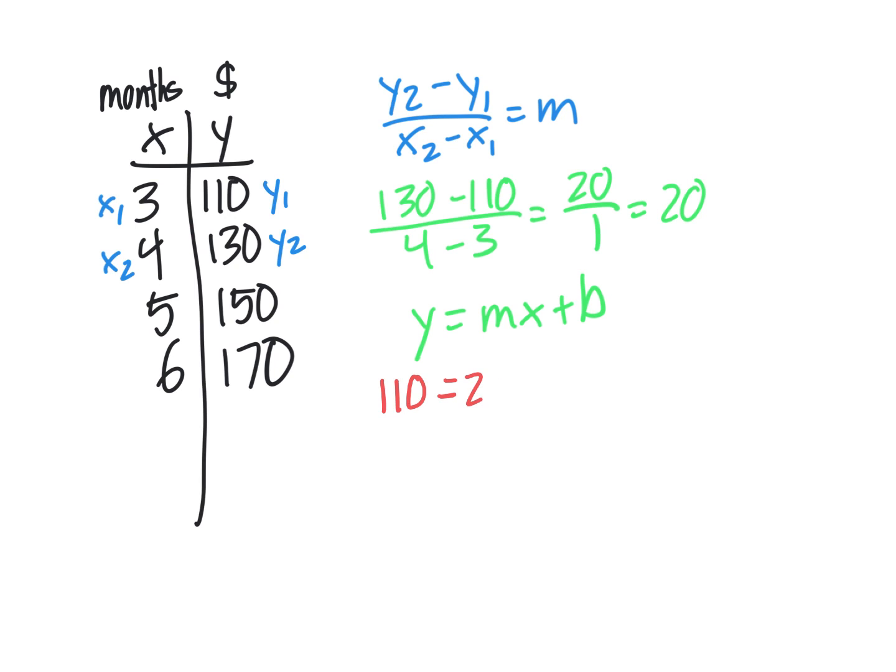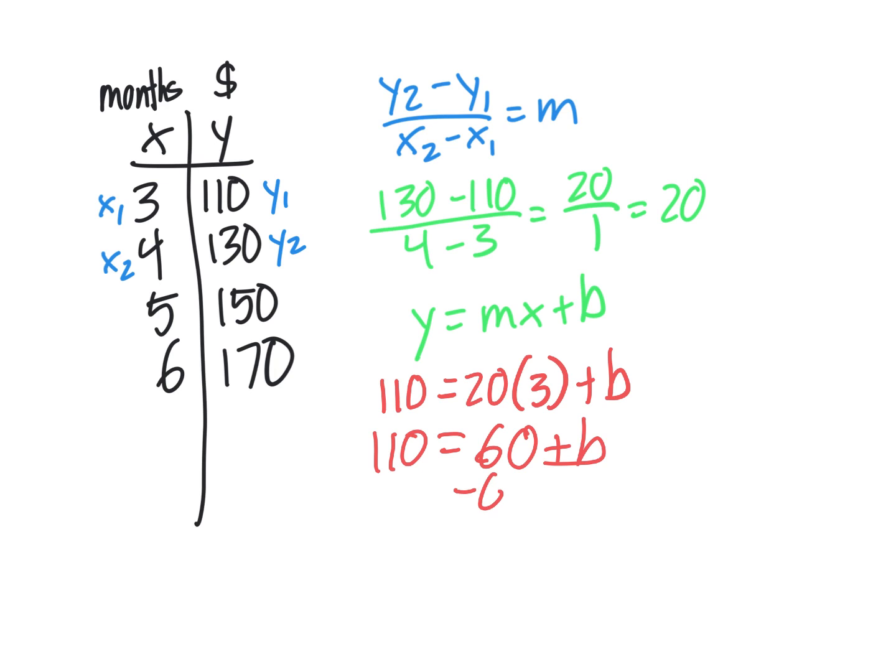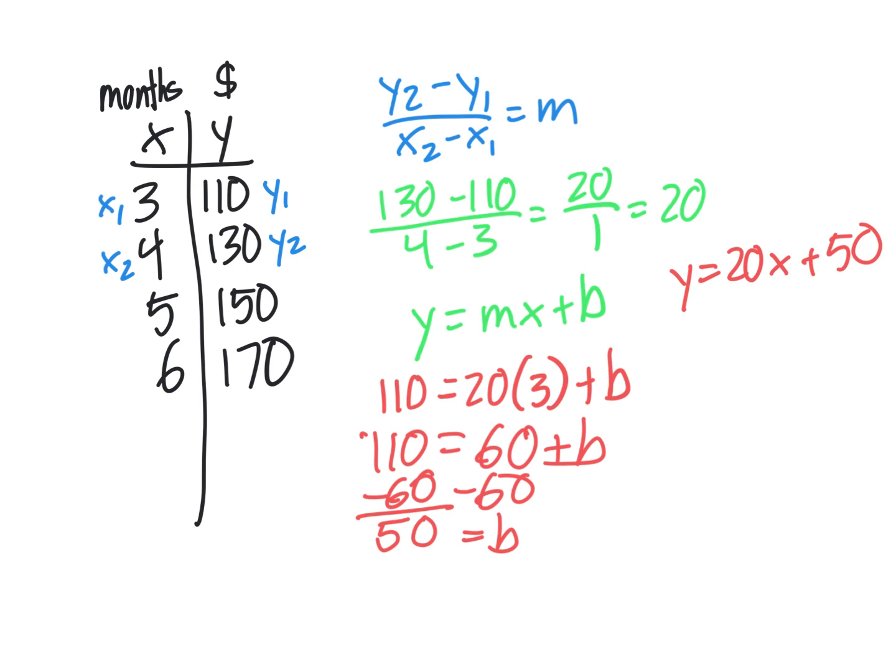The m is 20. We just calculated that. The x is going to be 3. And the b, I don't know. So 20 times 3 is 60. We're going to subtract that 60 from both sides. It's going to be 50 equals b. So my equation is going to be y equals 20x plus 50.